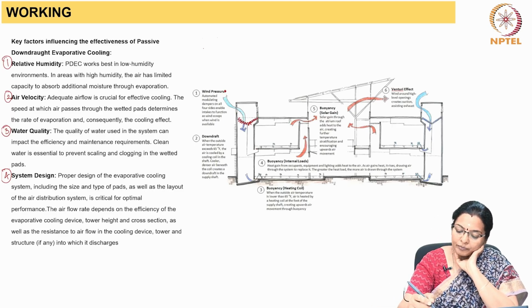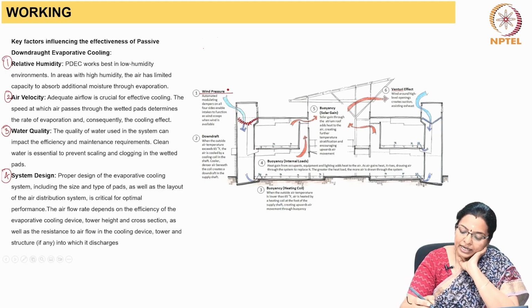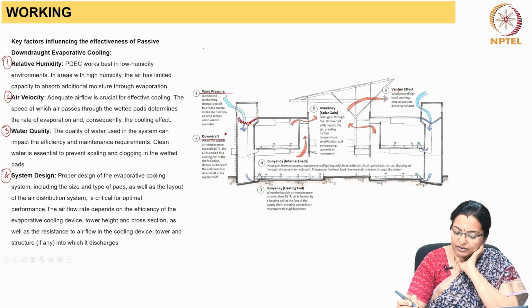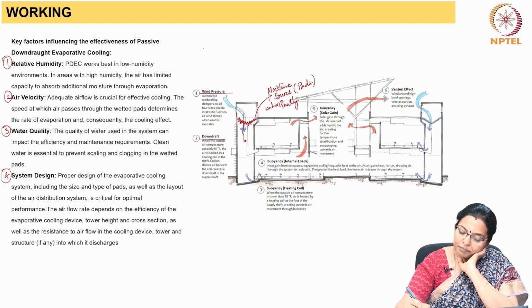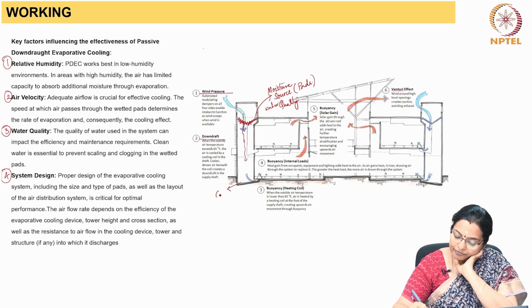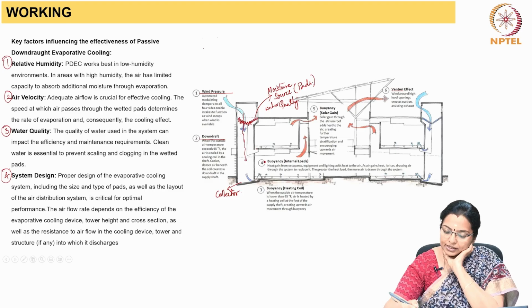So, you need to have adequate wind pressure, you need to have a downdraft which happens when you have absorption or moisture pads. I will say the moisture source could be pads or nozzles with good water quality, and the wind pressure based on that comes, and then there has to be a good collector of the extra water that comes from the mist.